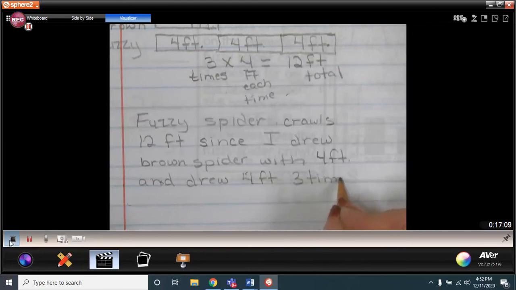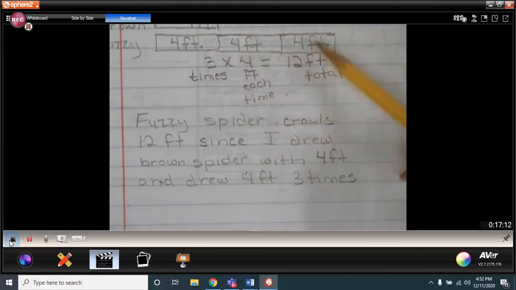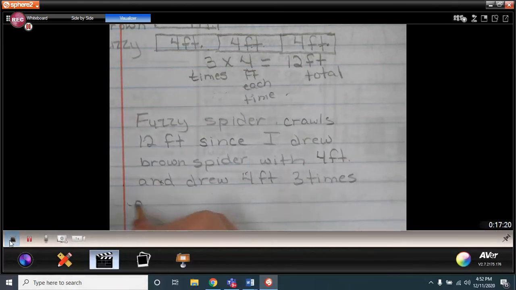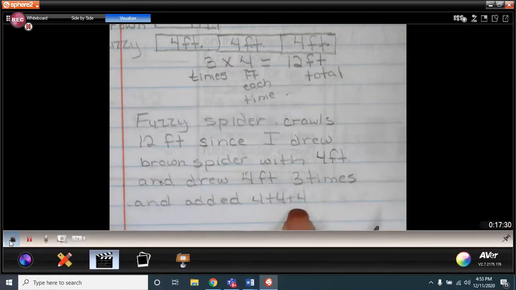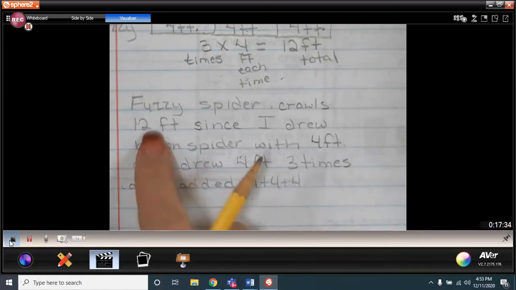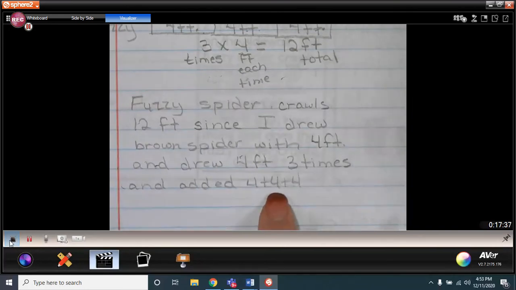I drew 4 feet 3 times. So that's in my group. That's how far he crawled each time. So I drew 4 feet 3 times and added 4 plus 4 plus 4, and this is what I'm doing. I'm proving that this 12 feet is how I can figure this out.